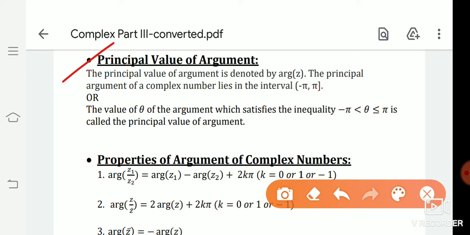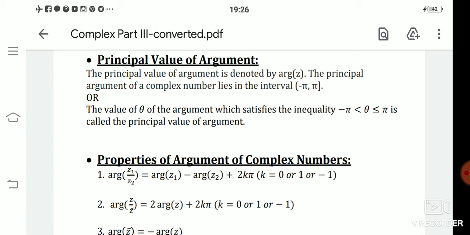That means if theta is our argument, then theta must satisfy minus pi less than or equal to theta less than or equal to pi. This is the principal value of argument.